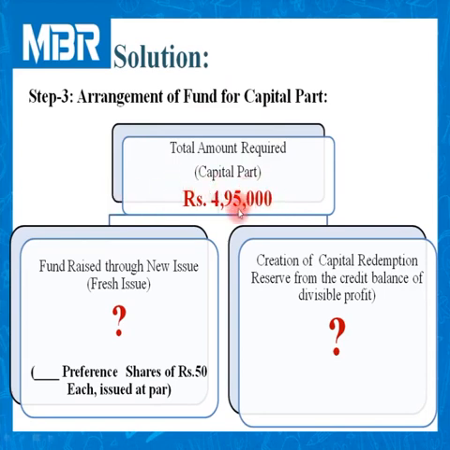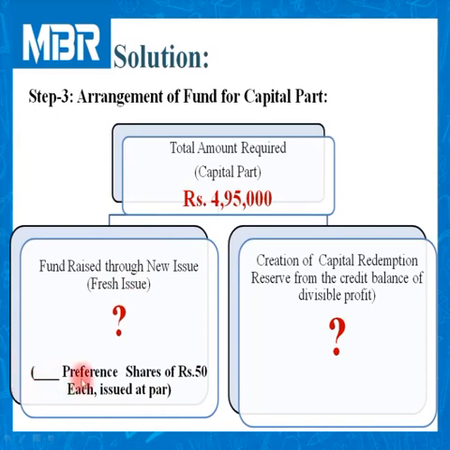So total 4,95,000. Now refer to the question once. In our question, it is given that the company should issue the required number of preference shares of rupees 50 each at par. At par means face value.